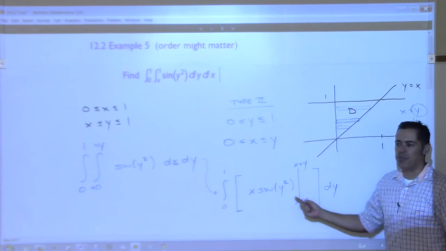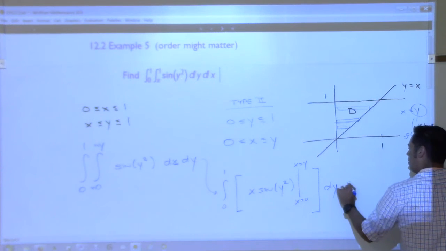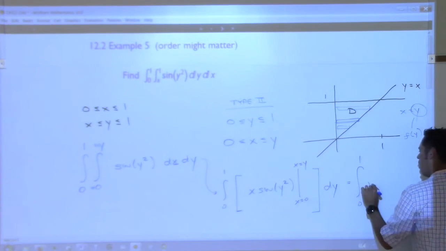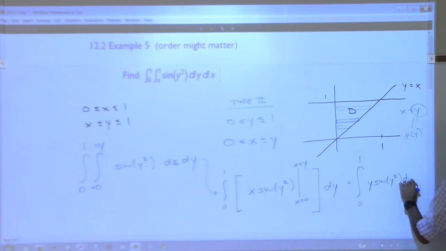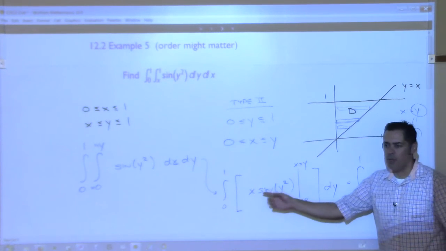And then when we replace x with 0, it kills it off. So my new integral becomes, y goes there, so it's y sine y squared dy, right? That's it. Because y went in here, we got that, then 0 went in there, and we got nothing.